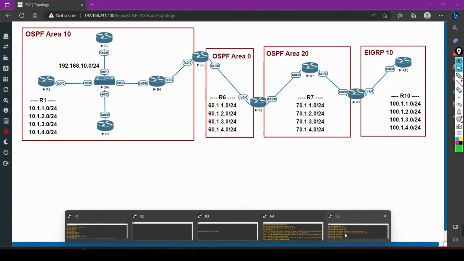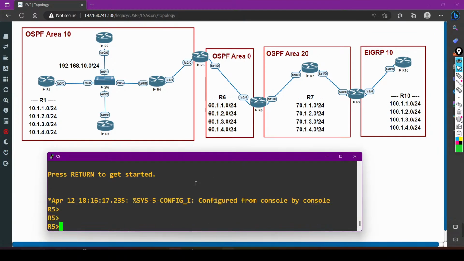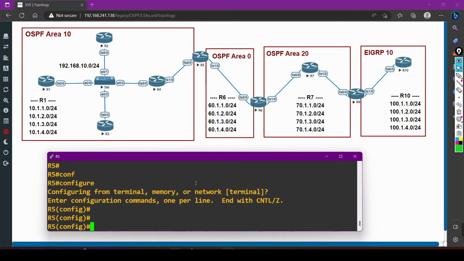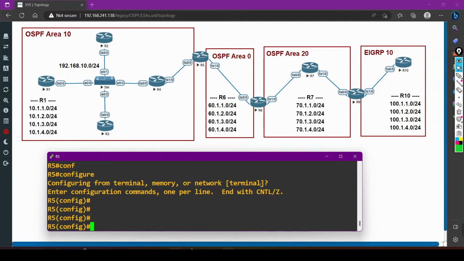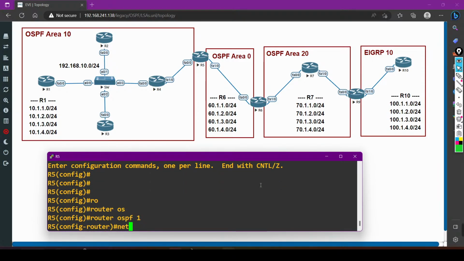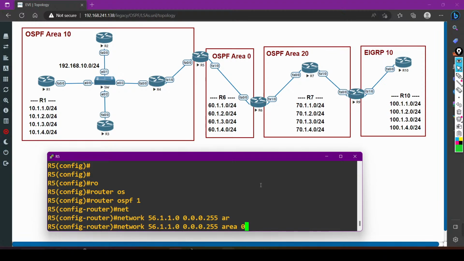Yes, sir. On this router I am going to advertise the interface F1/0 in area 0. So router OSPF 1 and network 56.1.1.0 0.0.0.255 and area what? 0. Once I hit enter, this router will become what? ABR. Yes or no?